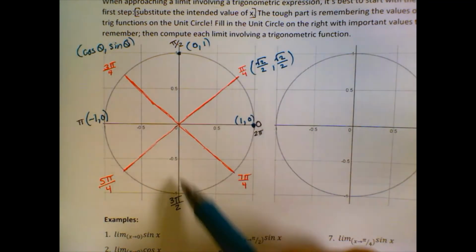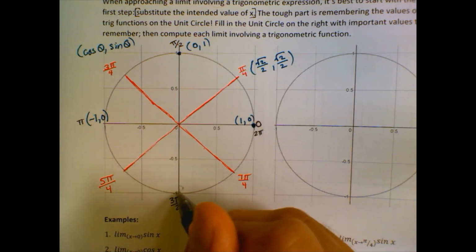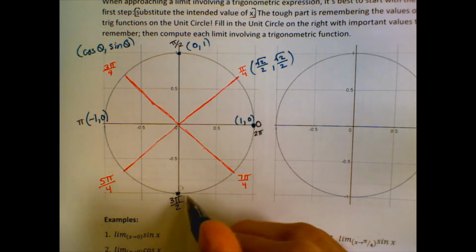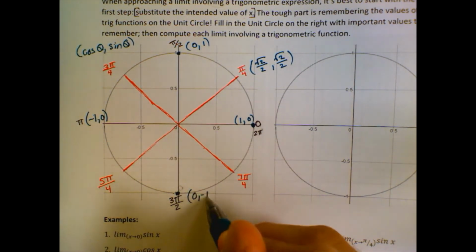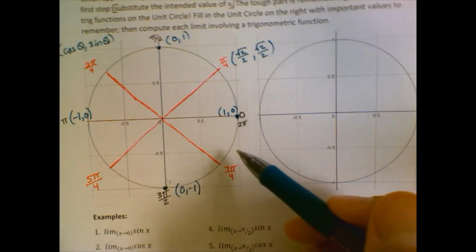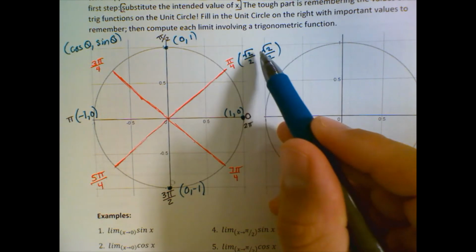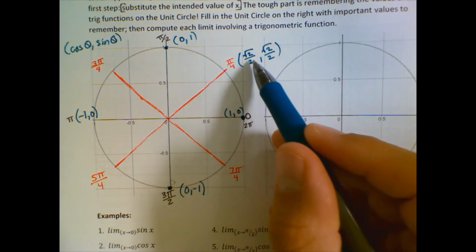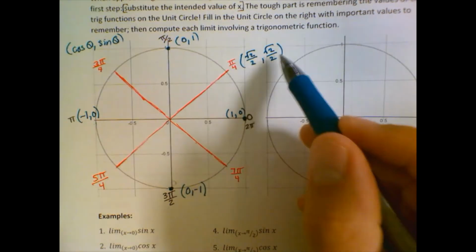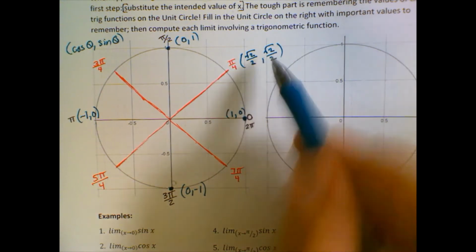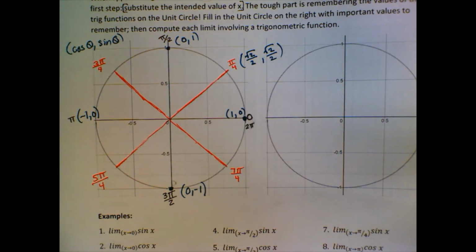And then 3 pi halves, that'd be 0, negative 1. And then this 7 pi fourths, we just refer back to this one, and we make the positive x value with a negative y value. So this is essentially all the information that we need to count effectively for anything dealing with pi fourths.